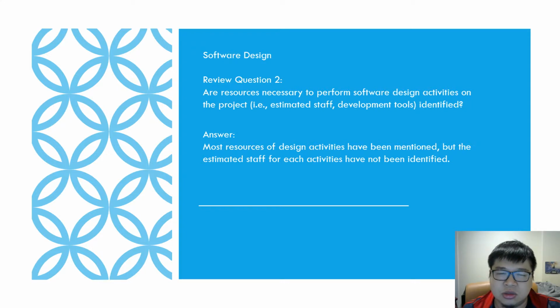The answer is most resources of design activities have been mentioned in our document, but the estimated staff for each activity has not been identified, because for now we just designed all the models, but we didn't assign a task to each team member, so we didn't mention it in our document.